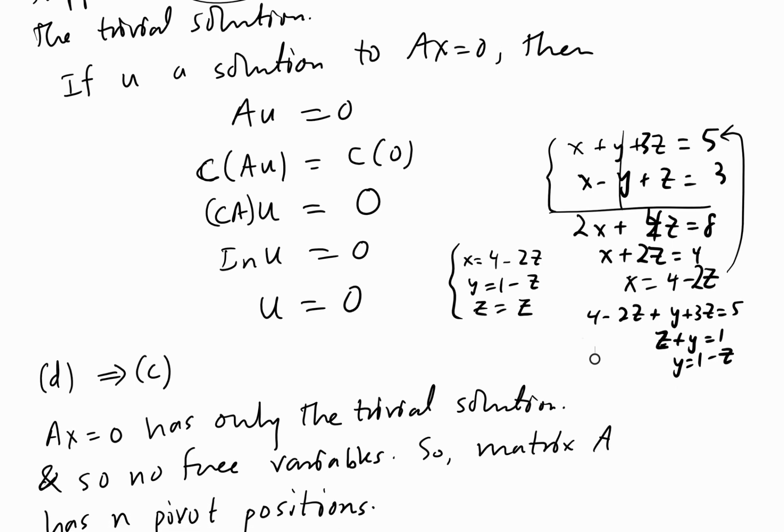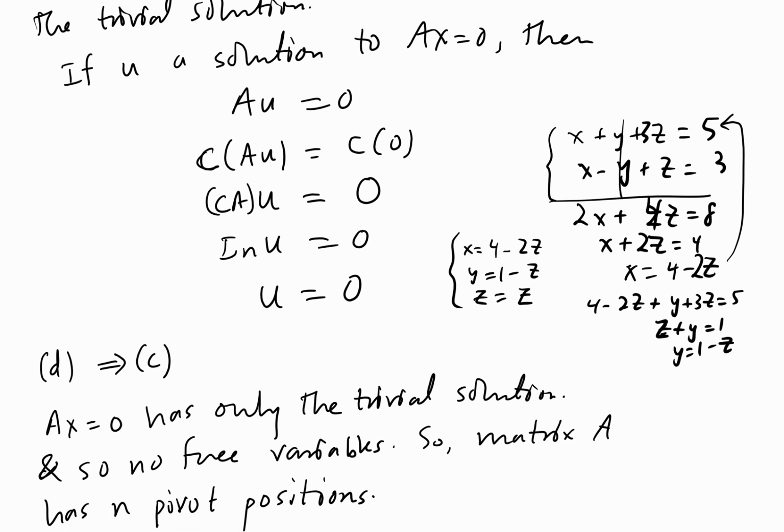When we say the equation has only the trivial solution, meaning 0, 0, 0, there are no free variables. No free variables means you will not get something like this, where you have a variable that can take any value. Okay, so in this case, the matrix A has n pivot positions.